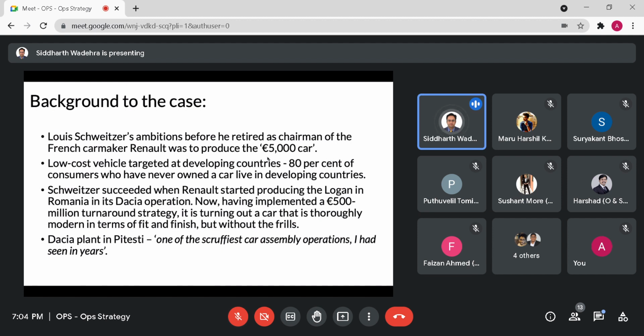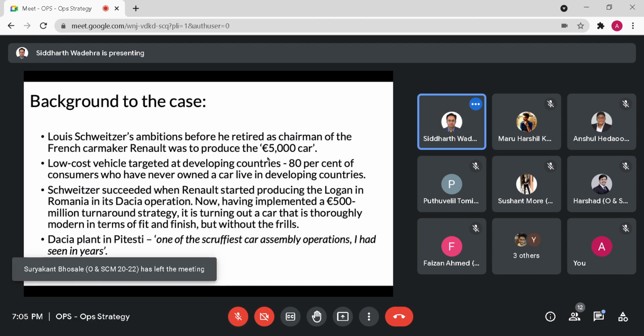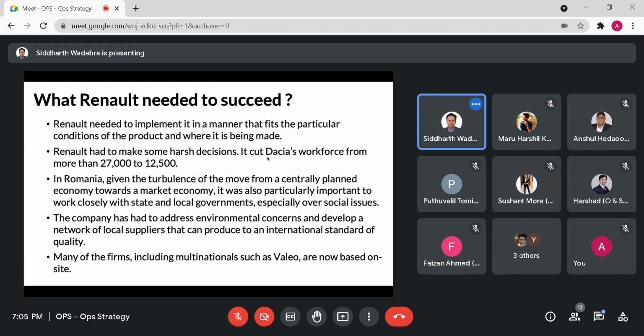We looked at how the operation strategy had to be implemented to make that happen, in terms of all the decisions they took and the various implementation bits of the formulation they undertook. They reduced their workforce from almost 30,000 to less than half, 12,500.